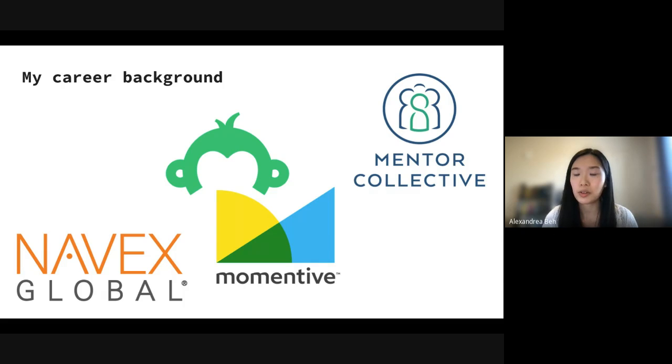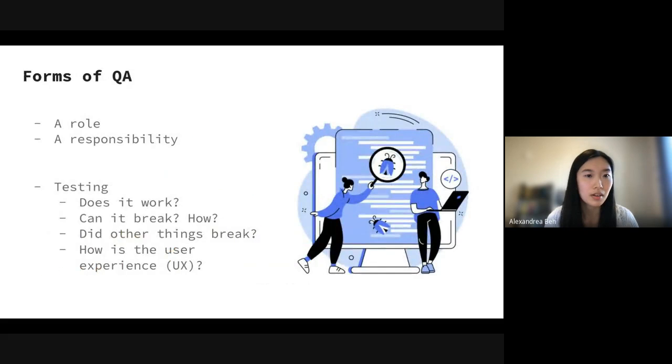And NAVEX Global and the SurveyMonkey Momentive teams were somewhat similar. And then working at Mentor Collective has had a very different QA experience. And so I'll be comparing and contrasting what those were like. But I do want to point out that QA is not just a job. When you're searching for jobs, you may see job titles as QA engineer, software engineer, and test.